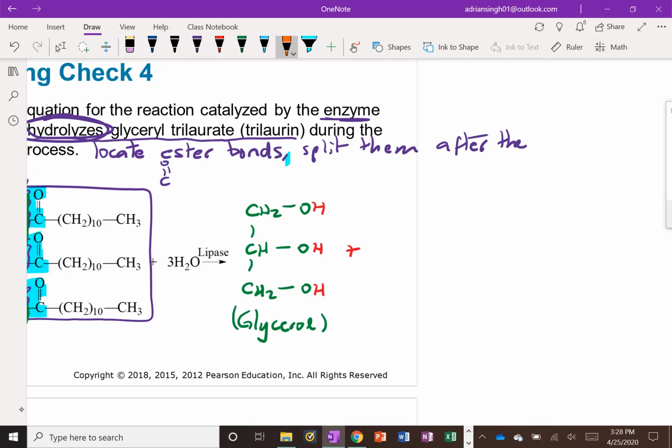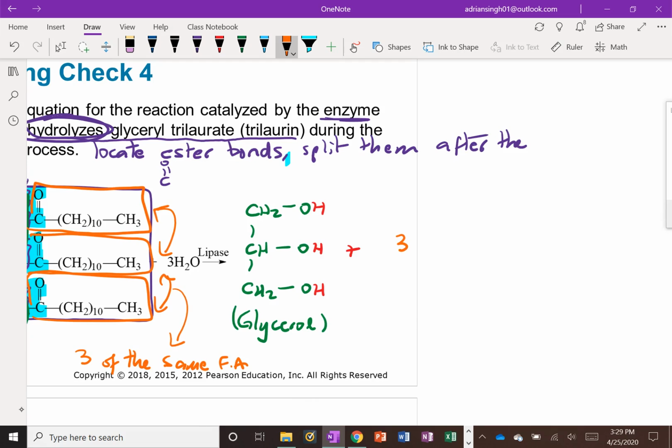So we have this fatty acid here in orange, we have another one, and we have another one. If you look, they're all the same. So we have 3 of the same fatty acid. So what I can write then is 3, and then I'll just draw one of those structures.